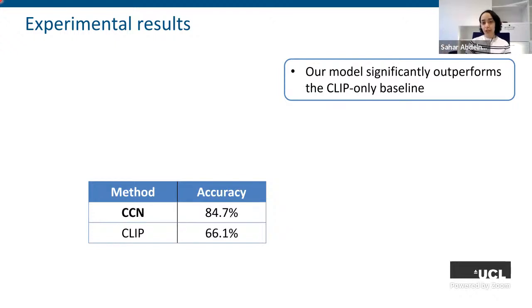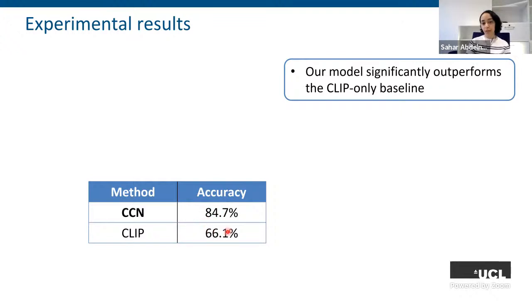And to do that, the main baseline that we used here was the CLIP-only baseline that was used in the original paper, and this baseline only used CLIP and didn't consider external knowledge. And we can see here that we actually achieved a significant increase in accuracy and in performance compared to the CLIP-only baseline.